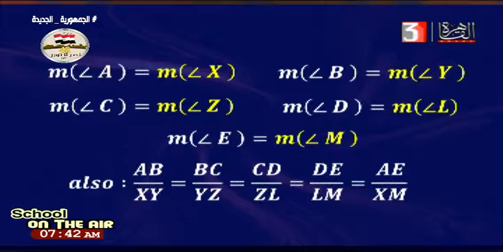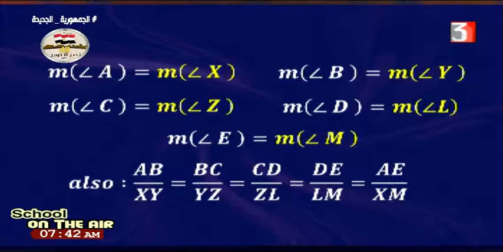And this is what is called corresponding sides are proportional and not equal. Why not equal? Because if the corresponding sides are equal, then the two polygons are congruent and not similar. To be similar, the corresponding sides must be proportional.